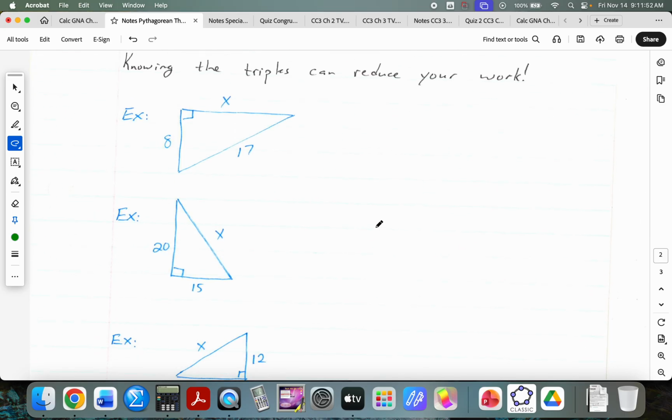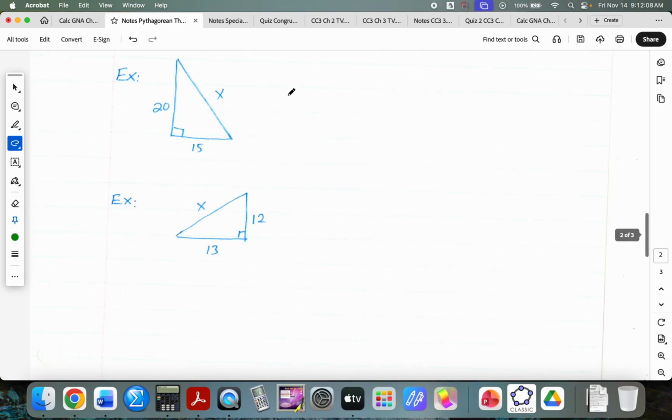So, how triples can help you out, like on this one. If one leg is 8 and the hypotenuse is 17, how long is the other leg? 15. You don't have to show any work for that. You also don't have to show any work on this one.